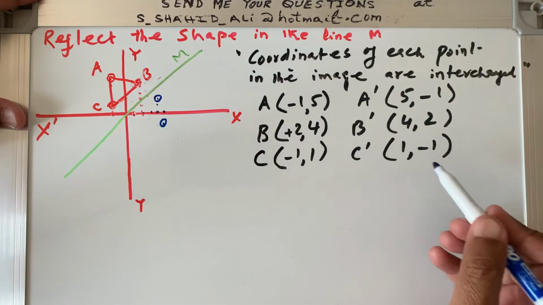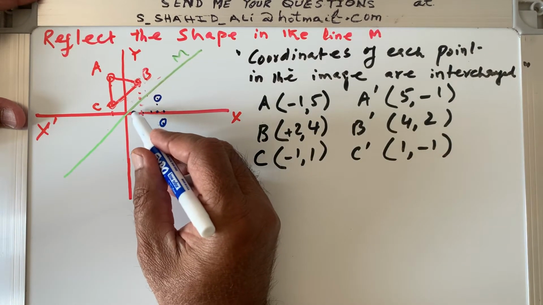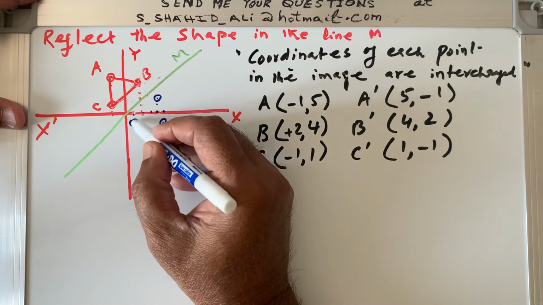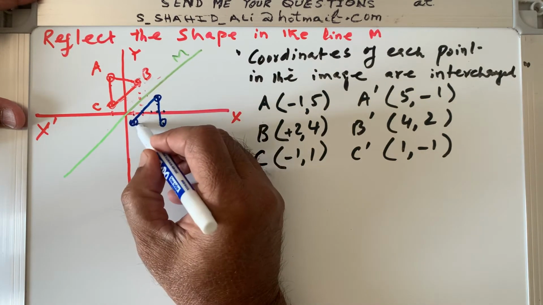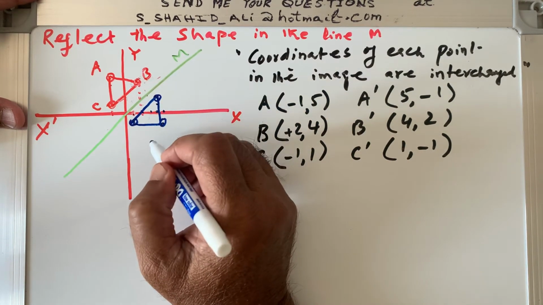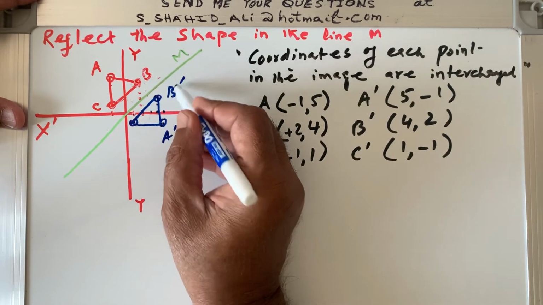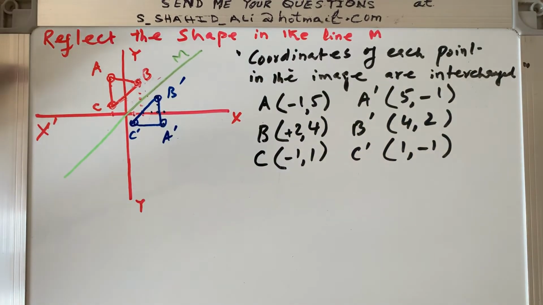The third point is 1, -1. So 1 is here and -1 is here. So my reflected triangle is looking like this. This is my A dash, this is my B dash and this is my C dash. This is my reflected triangle.